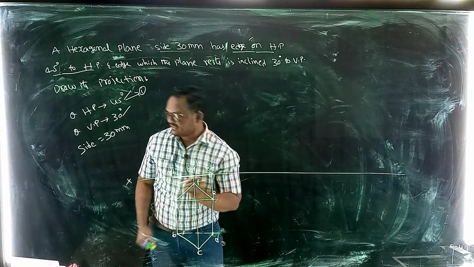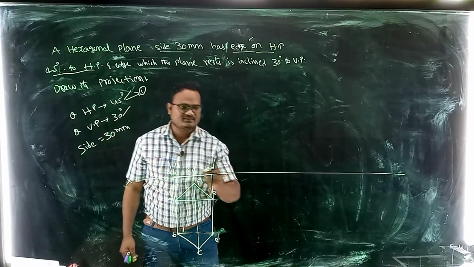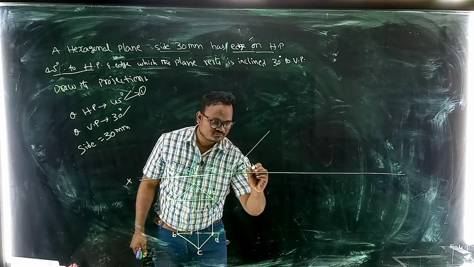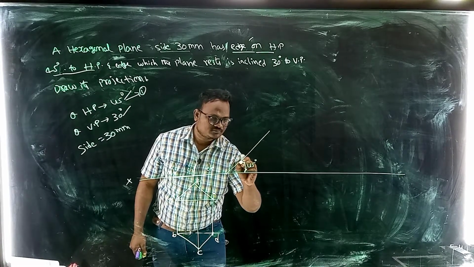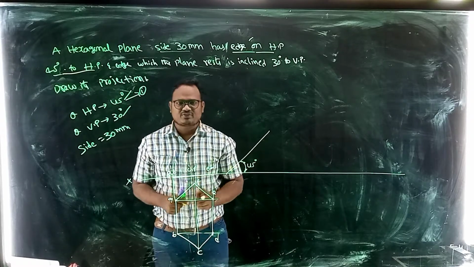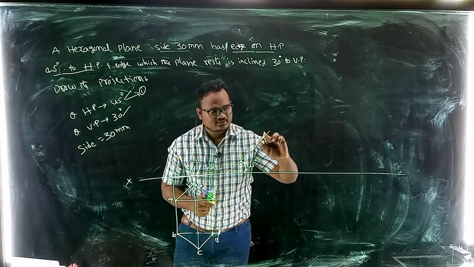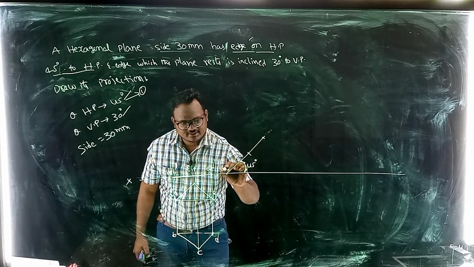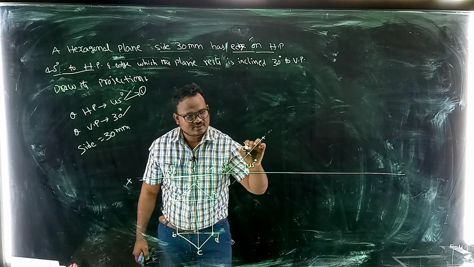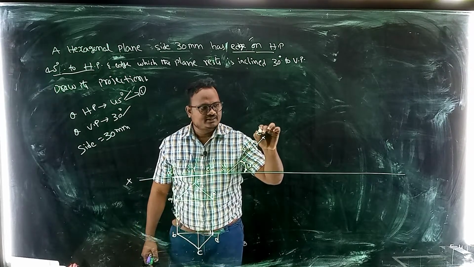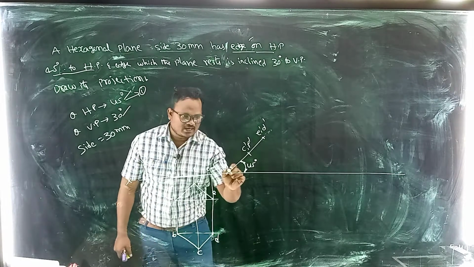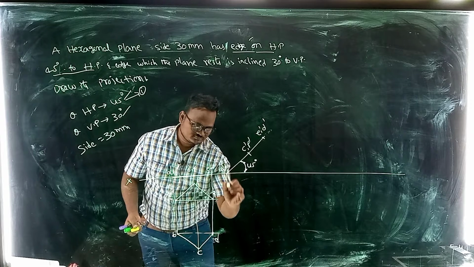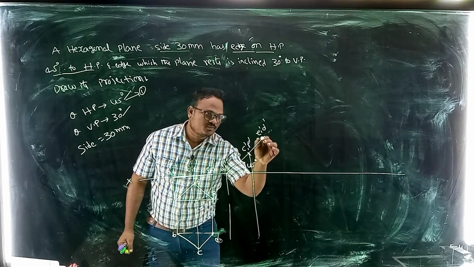So what is the angle inclination with HP? 45 degrees. Now here draw a 45 degrees line. Whatever length we got in the front view, just take that length, from here to here, that is A dash, B dash, C dash, F dash, E dash, D dash, and then project downwards from all the points.